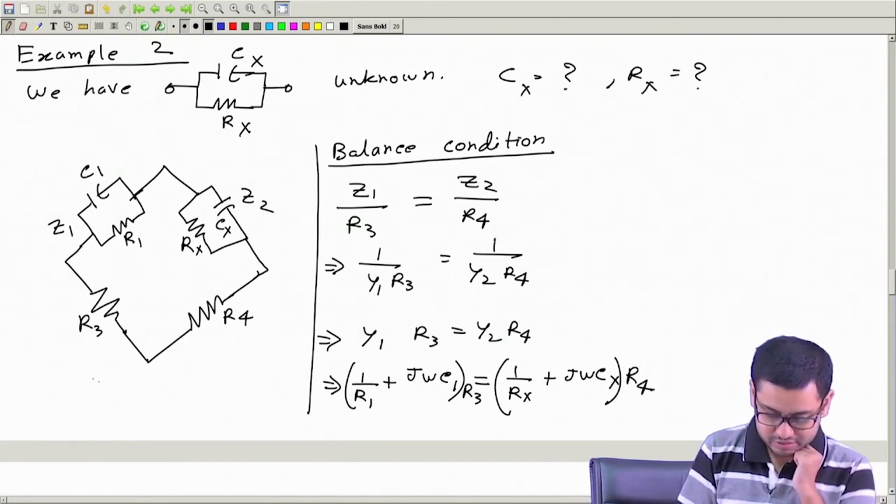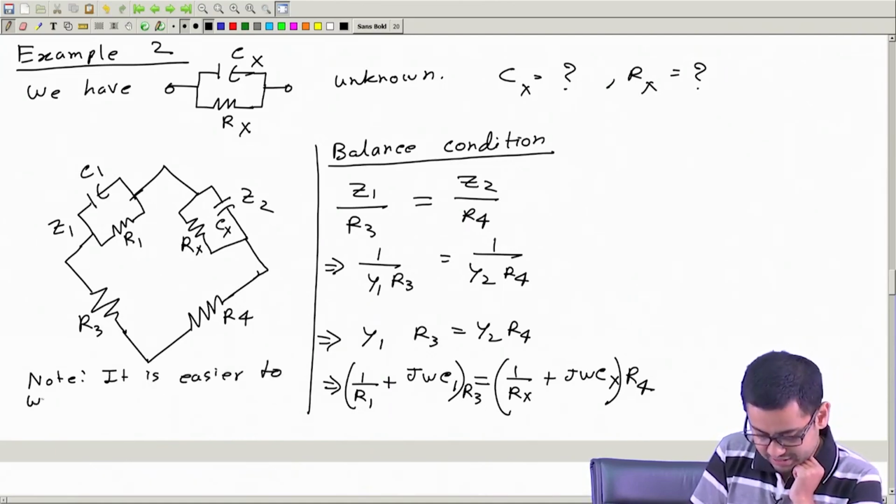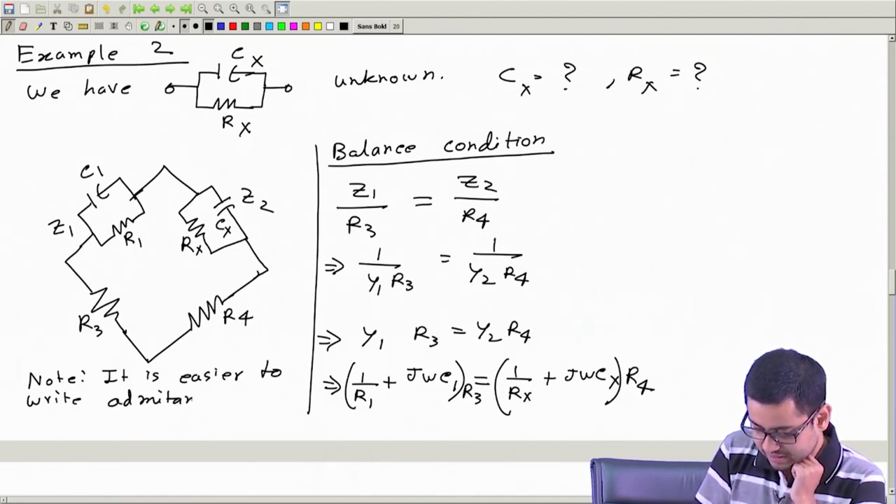Okay. So, small note, it is easier to write admittance when elements are in parallel.